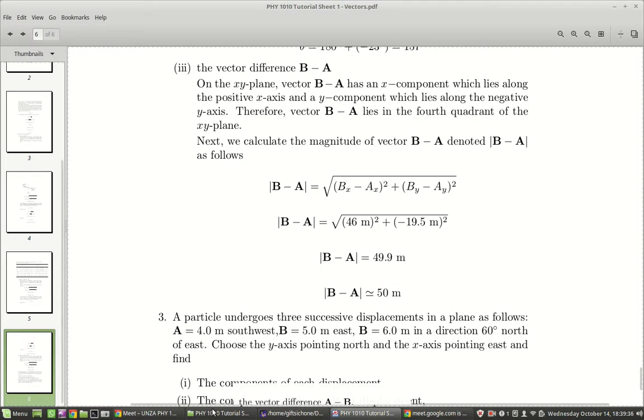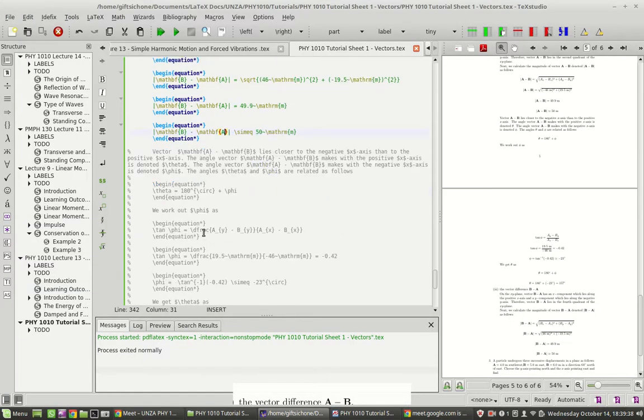The next bit is we need to work out the angle.